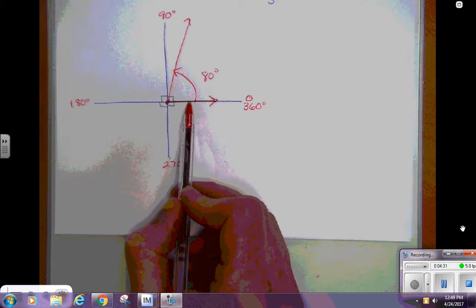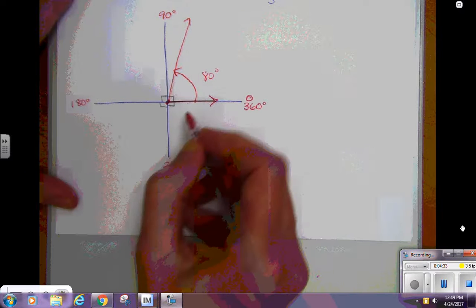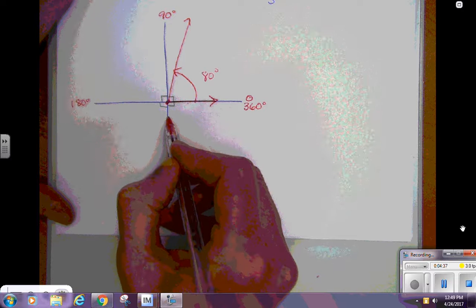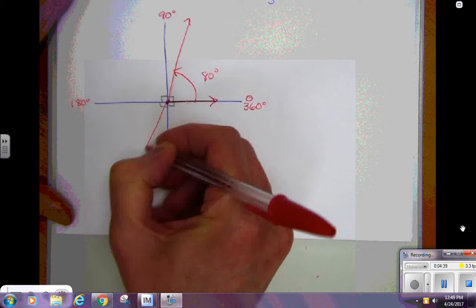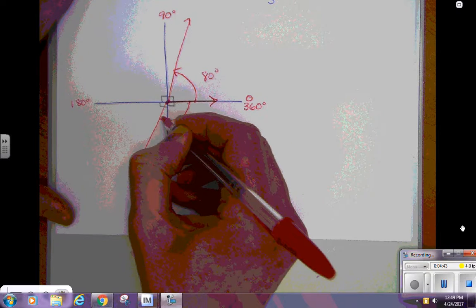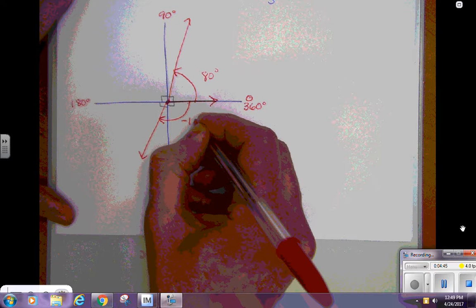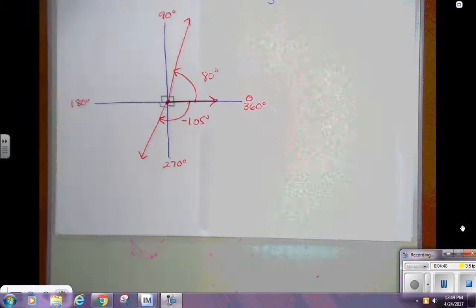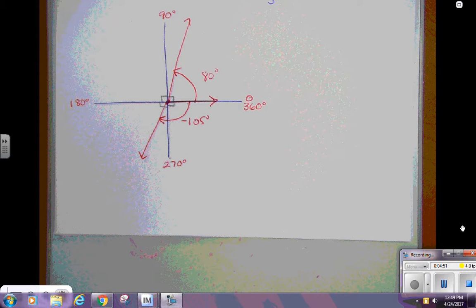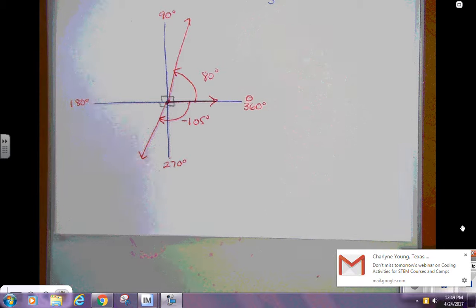Okay, but this time it's negative 105. So when you draw your angle, you're going to go past that 90-degree mark, and it's going to be about 15 degrees more than that. So I'm just going to estimate, and then I'm going to draw my arc, the arrow, and that's negative 105 degrees. Positive angles go up from the initial side, and negative angles go down from the initial side.